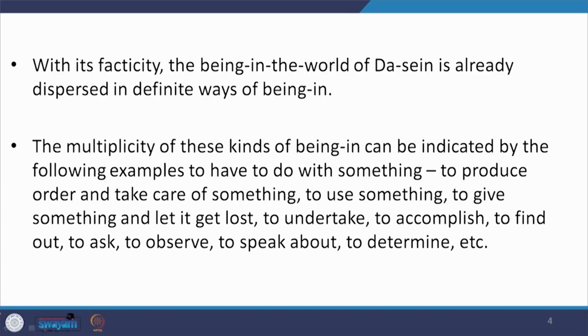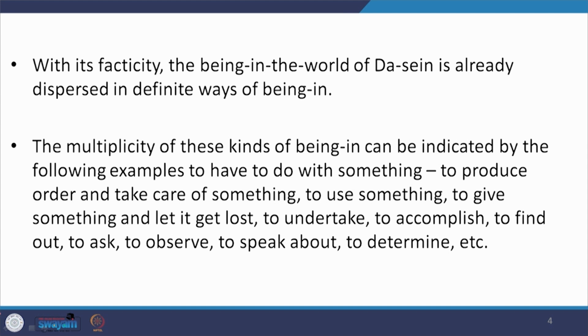So, the understanding of being in the world as an essential structure of the Dasein makes possible the insight into its existential spatiality. Being in the world of the Dasein with its facticity is already dispersed in different ways of being in, right?